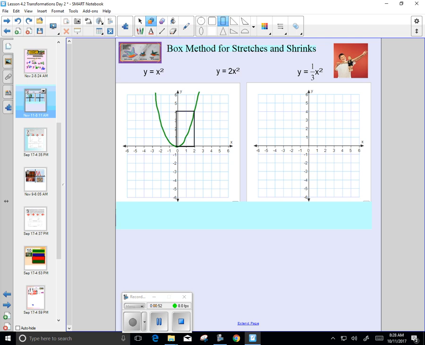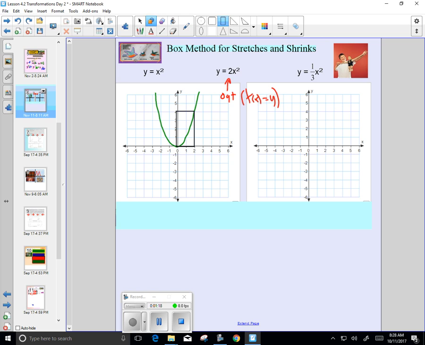Now when we go to y equals 2x squared, what we're saying here, is this inside or outside the function? Outside? So if it's outside, it affects the y. All right? So we're not going to change the x with this box. We're only going to change the y.